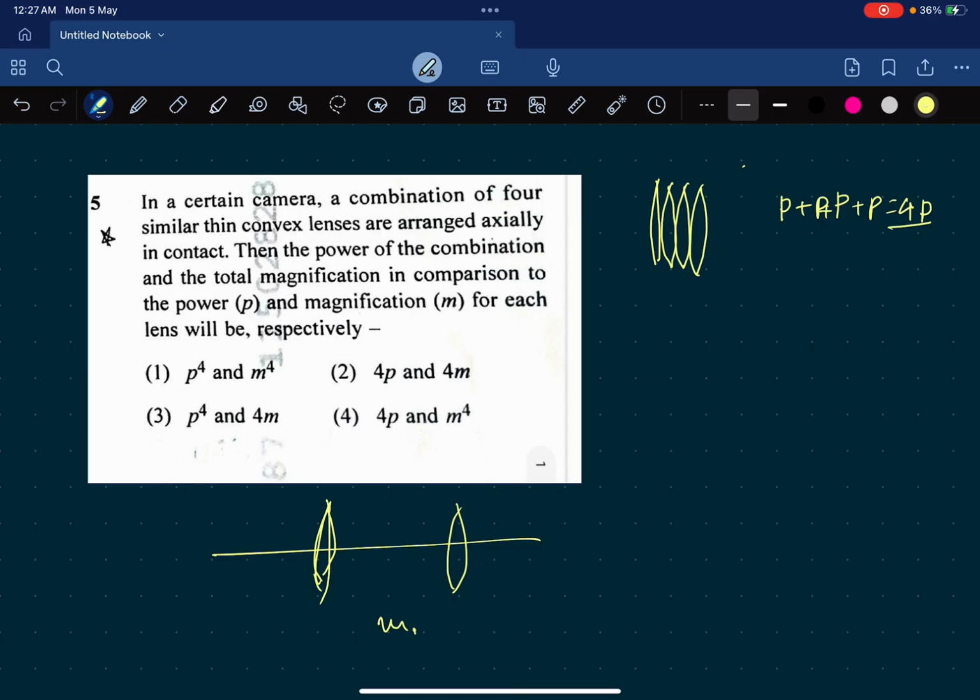The magnification of the microscope is obtained by multiplying 2 magnifications, right? One magnification is for one lens and one magnification for the other lens. So magnification is always multiplied. Therefore, if the magnification of each lens is m, the total magnification will be m power 4. So the answer will be option 4.